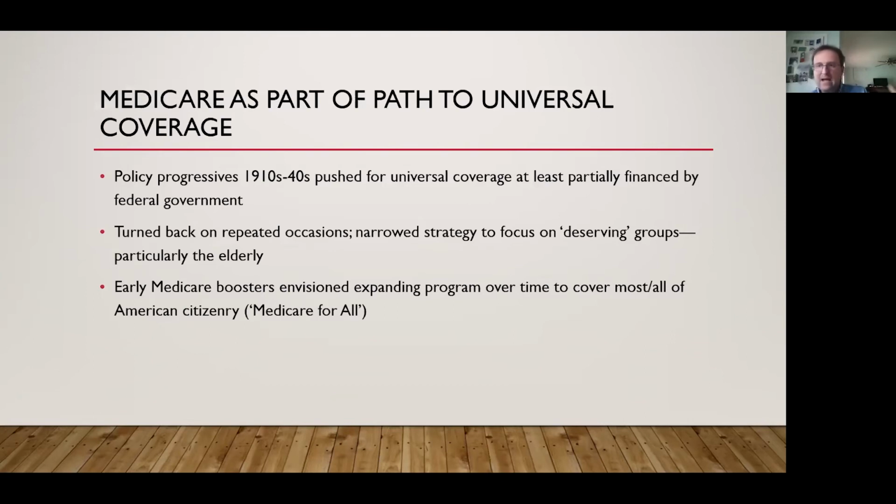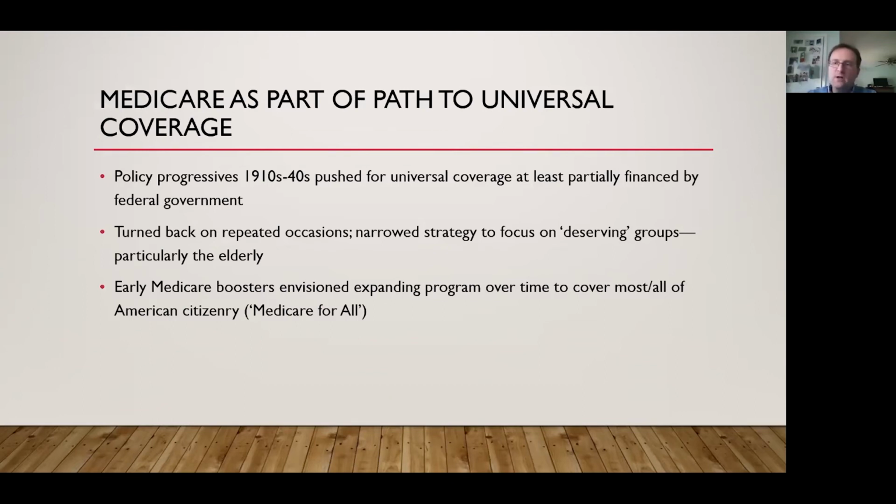So the AMA, one of the stoutest opponents of universal coverage. So elements of organized medicine as well, small business groups, and indeed large business groups, the Chamber of Commerce, groups like that, also opposed. So on repeated occasions, the apparent drive toward universal coverage was turned back.